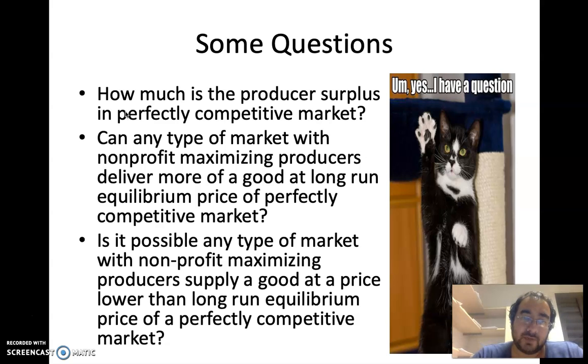Can any type of market with non-profit-maximizing producers, for example, aiming to maximize the benefit of the consumers, deliver the goods at the long-run equilibrium price of a perfectly competitive market? Can they produce more than the companies are producing, or can they produce the same product for a lower price?